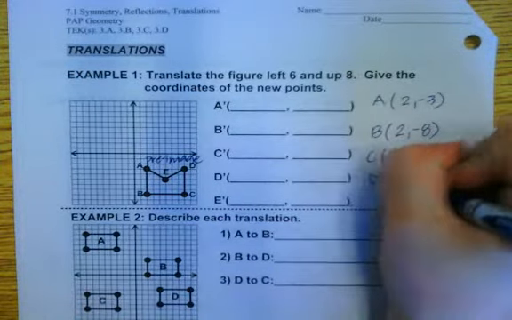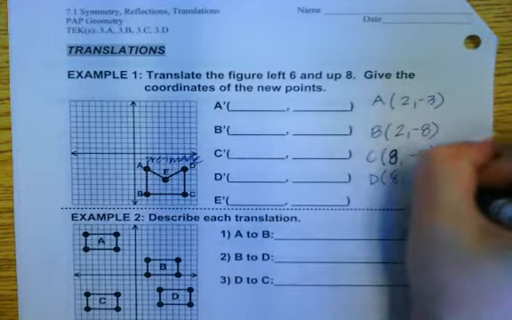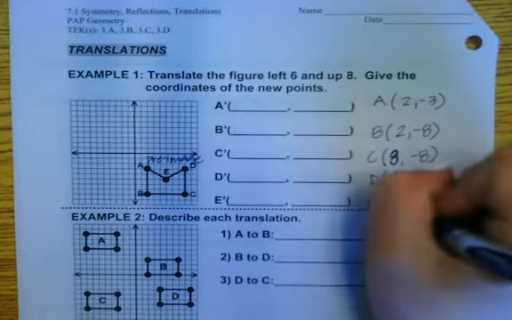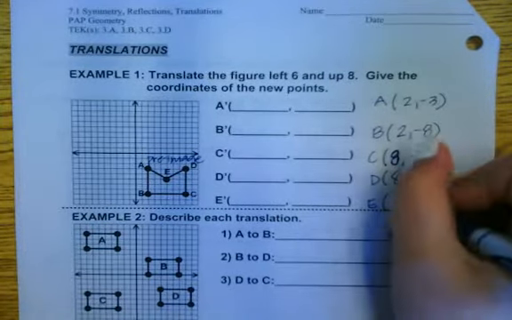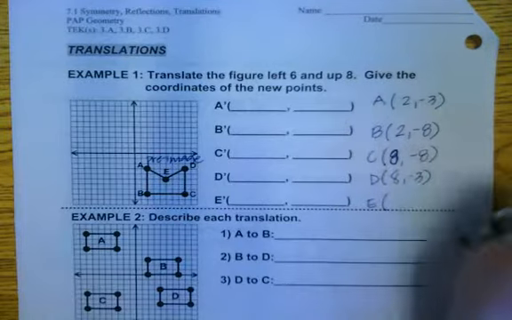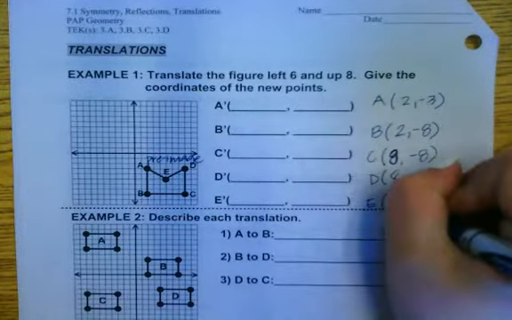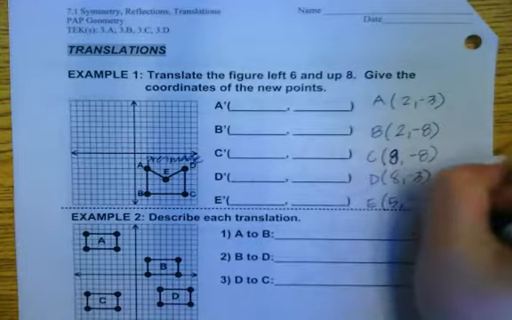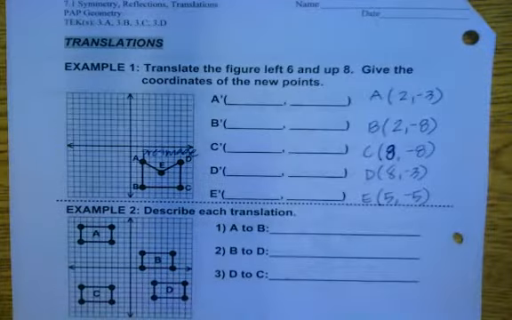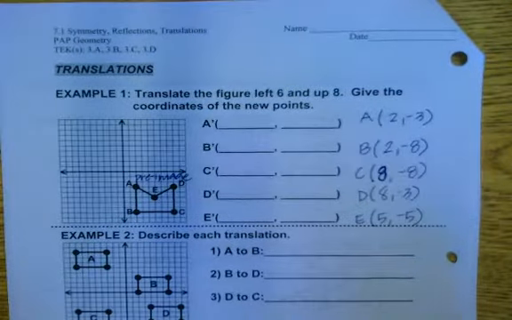D? 8, -3. And last but not least, E? 5, -5. Very good. Okay. So those are our pre-image points.